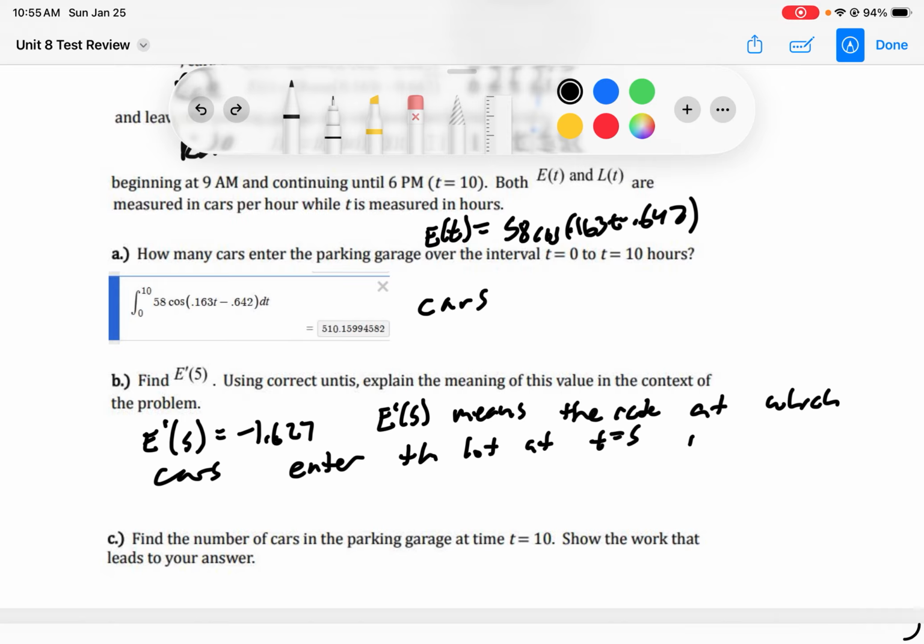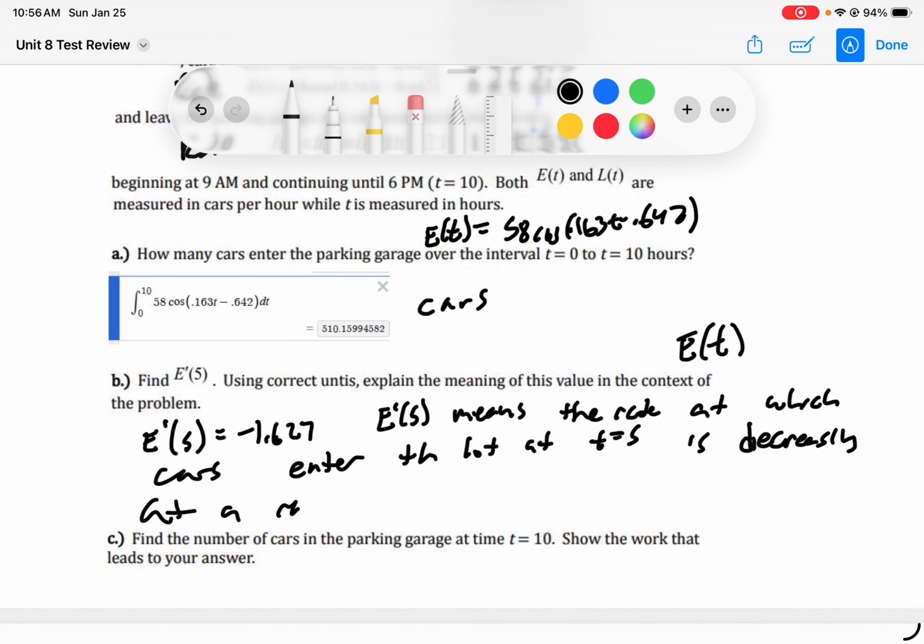I wrote it here because I remembered it. I already said the rate because that's what E was all about. When you find the derivative, that means that function, E of t, which is the rate at which cars enter the lot, is decreasing. I'm going to say decreasing because it's negative.